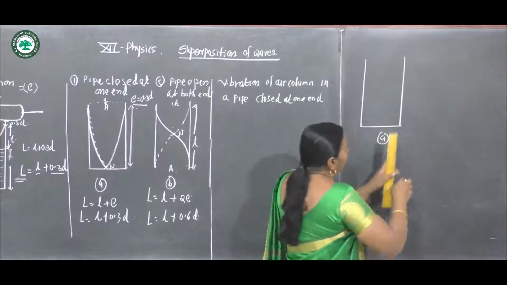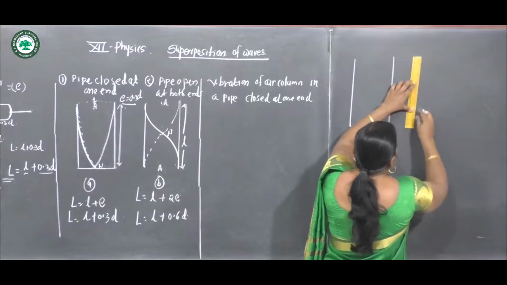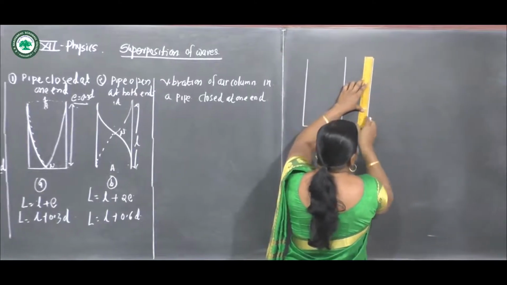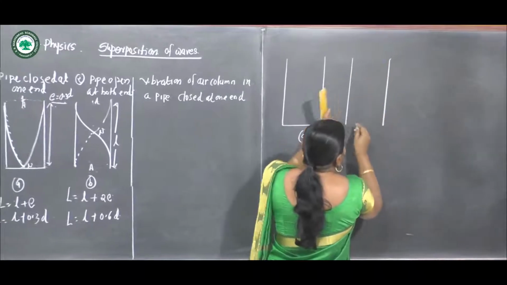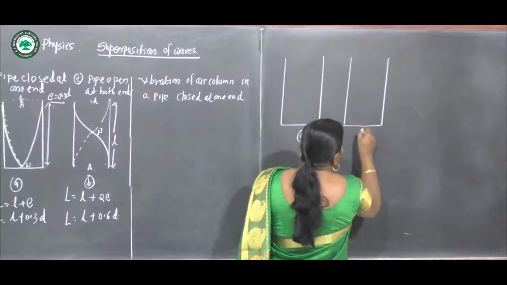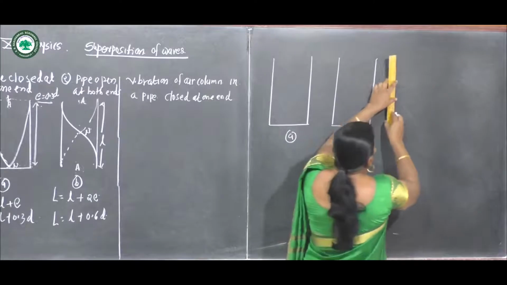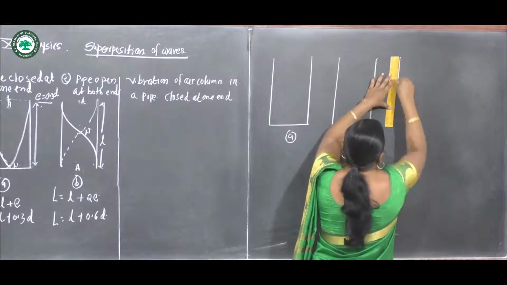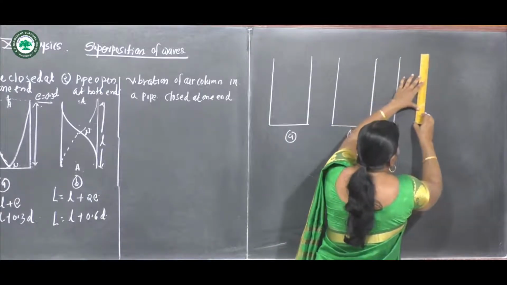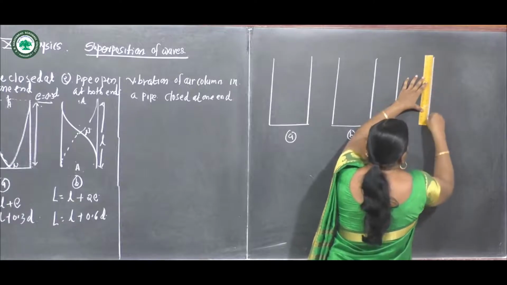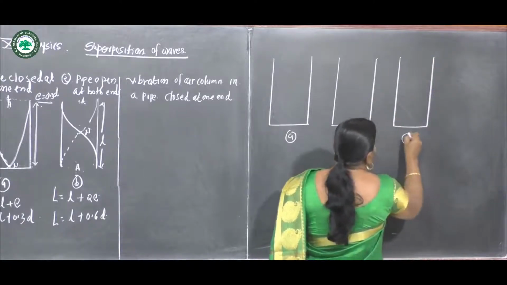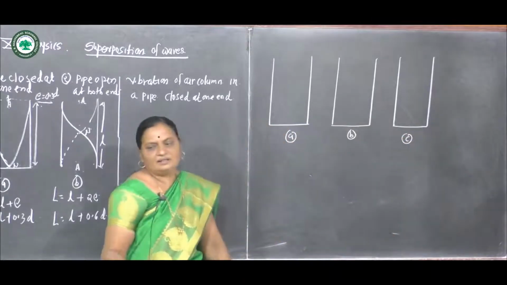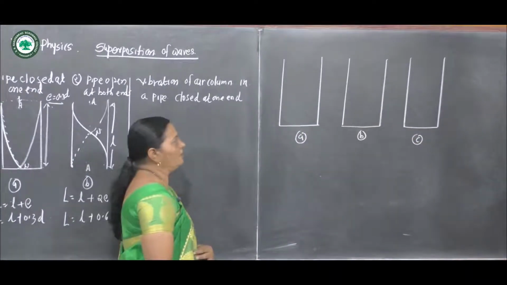Now in the next case it is also having the same length. Pipe is closed at one end, and again there is the third mode of vibration. We consider three modes of vibration here.